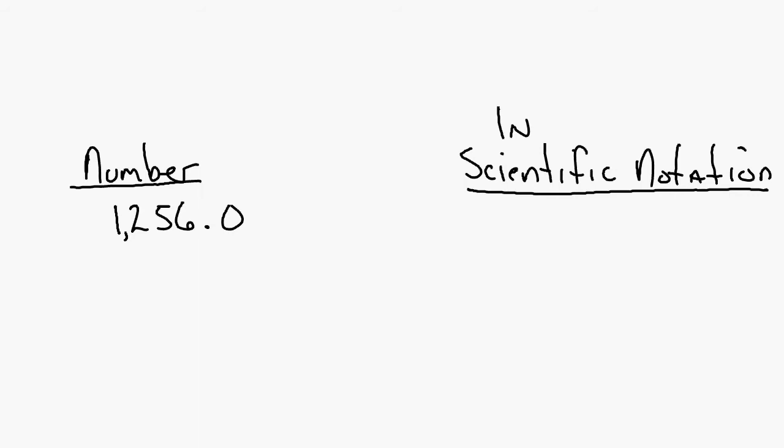Put your pencil on the decimal and start moving it to where the decimal needs to be when the number's in scientific notation, meaning we're going to move 1, 2, 3 places. We write 1256 as 1.256 times 10, and now we have to do it to a power. Since this decimal place just got moved 3 places, this goes to the third power.